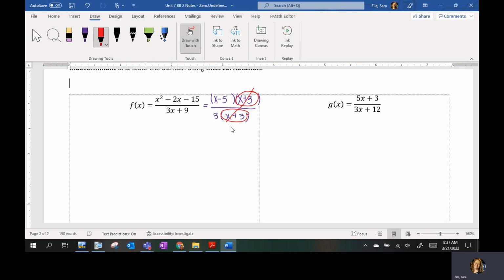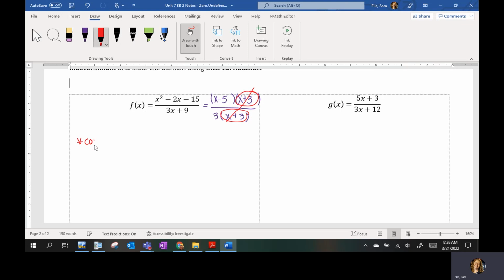There is an indeterminate. Okay? So that's just another way that you can see it besides actually solving all of the numerator and denominator, by just putting this in factored form and seeing if there's a common factor.